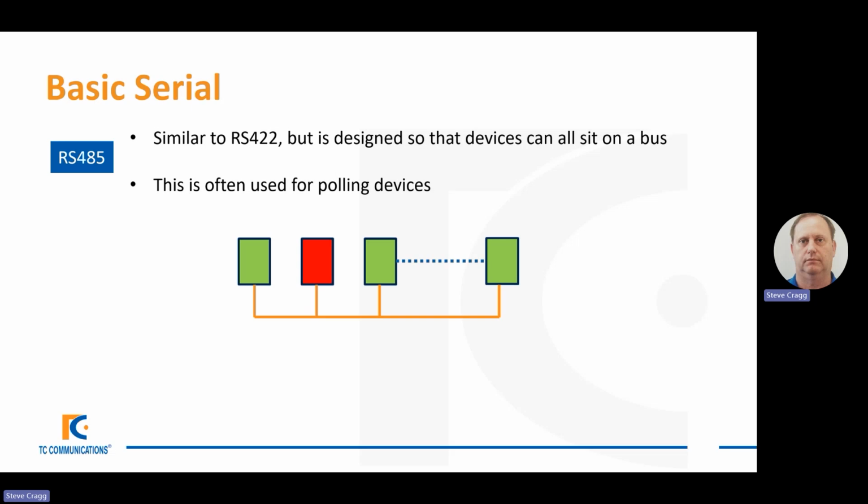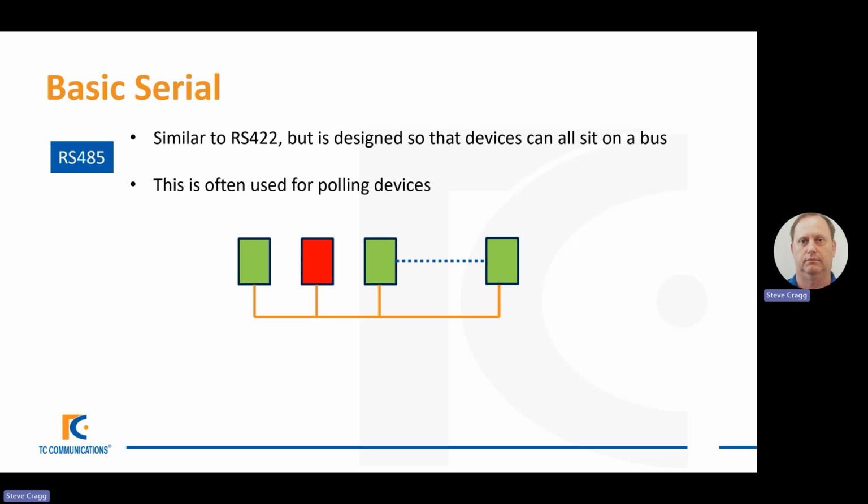Now, again, this is an electrical standard, so we have not defined how the units talk to each other. What is very common is that each of the devices is given an ID.